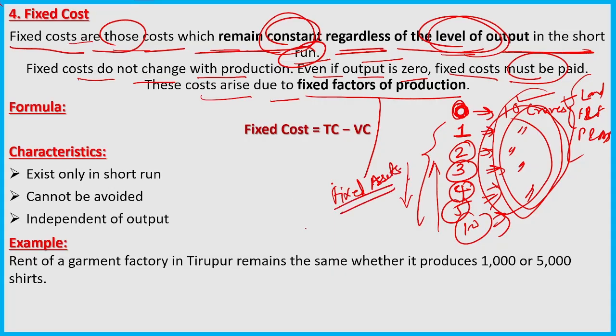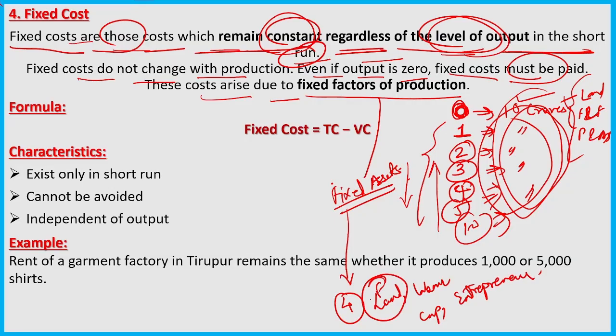How many factors of production are there, my dear? Four factors of production: land, labor, capital, entrepreneur. Now, land is a fixed factor. Labor is a variable factor. So if you have purchased land, then definitely it is a fixed factor of production, my dear.